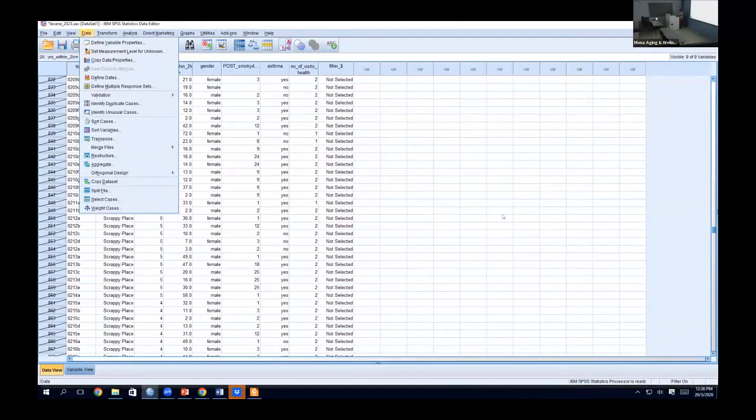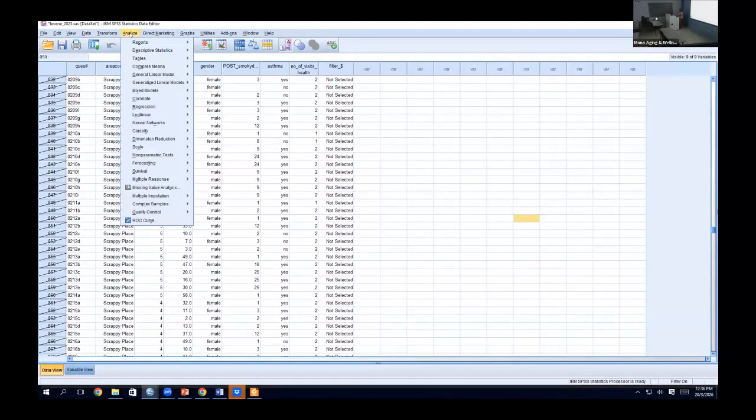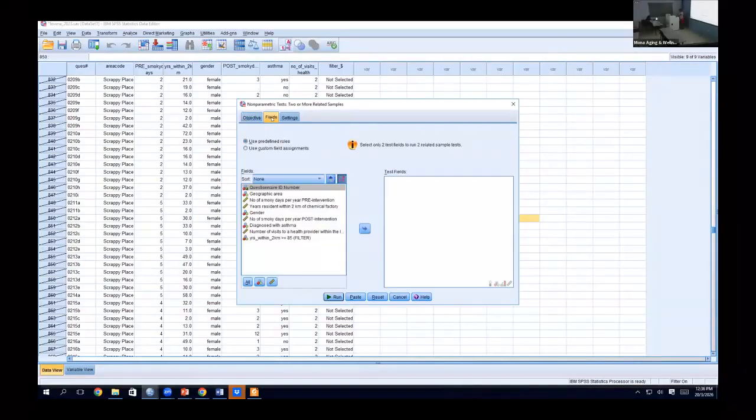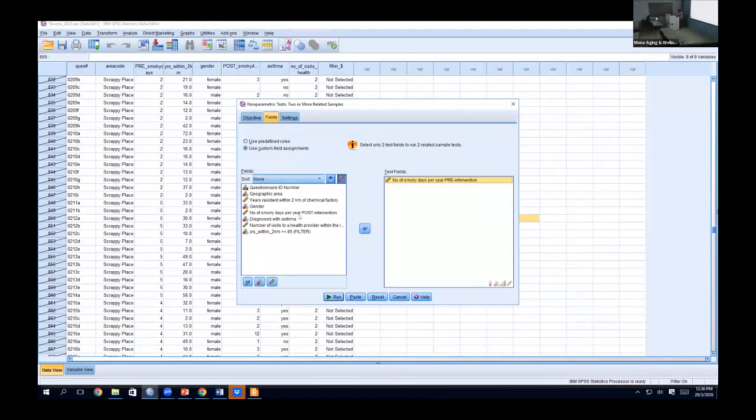All right, so I'm going to go, it's okay, I can leave the selection on. So it's analyze non-parametric tests, related samples. So instead of going to legacy dialogues, you just go to related samples. We click on that one. And then the first tab is activated that says objective. We're going to click on customize analysis. And then we're going to go on fields and place our variables there.